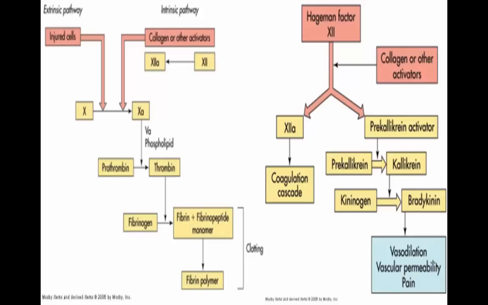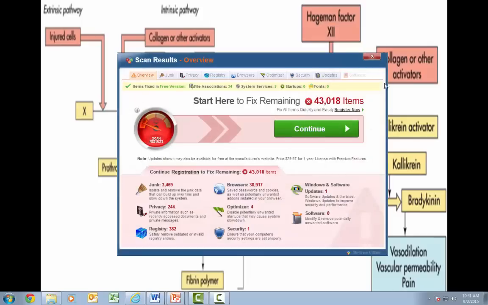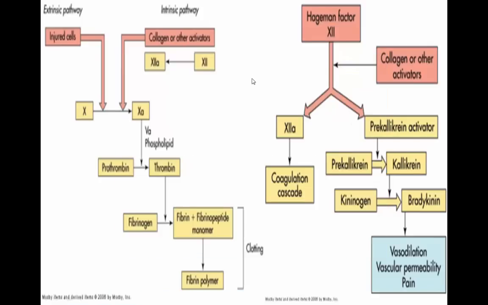So we need to have naturally born with us several anticoagulants, and those are protein C, protein S, lupus anticoagulant, factor 5 Leiden. We have, in addition, antithrombin 3.